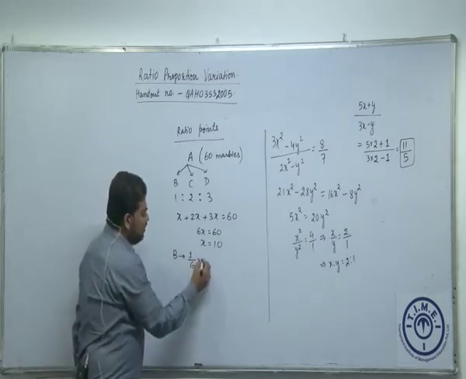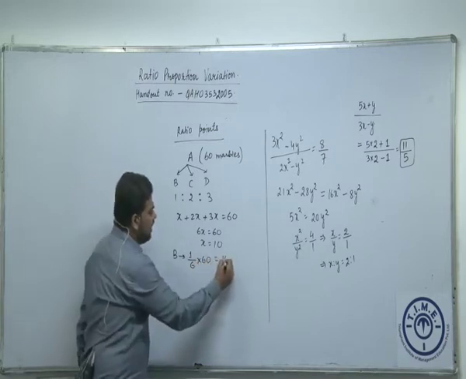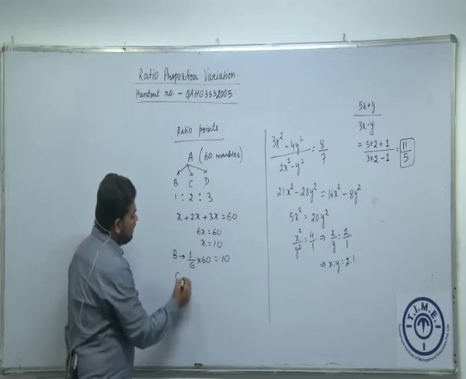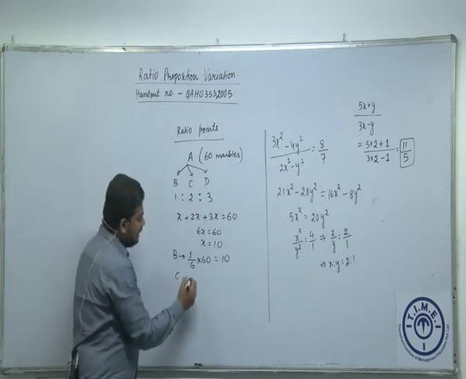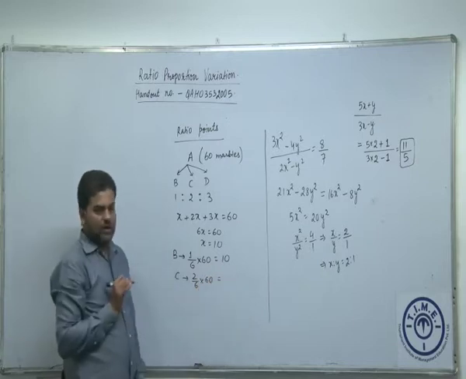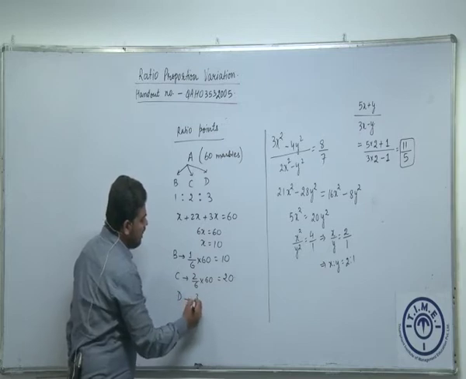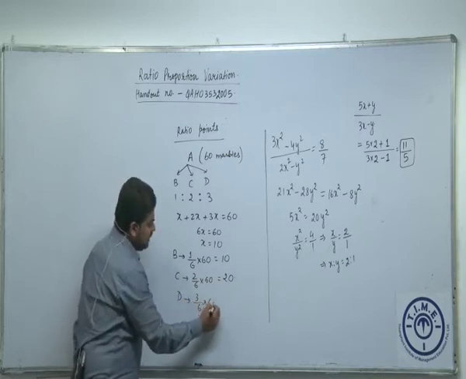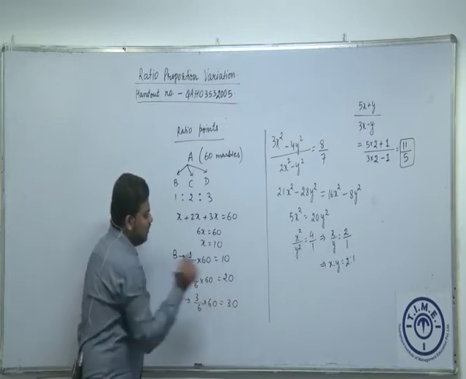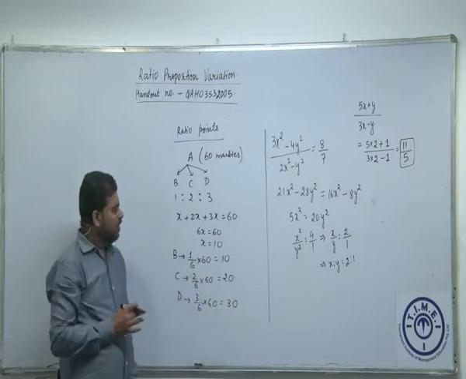Multiply with 60 because the total is 60. So we directly get 10. Similarly, C got 2 by 6 multiplied with 60. What is the value? 20. And D got 3 by 6 into 60, so D got 30 marbles. I hope this is fine. This is much easier.